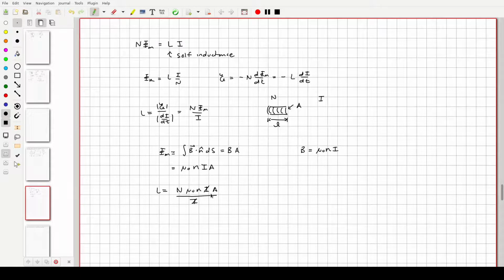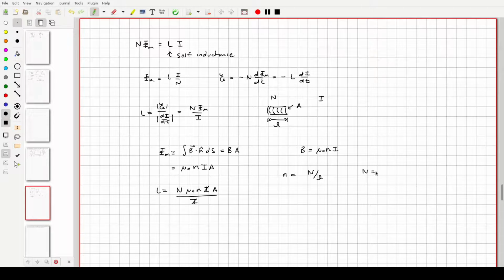Okay. Now let's not forget what n is. Lowercase n is the number of turns per length of my coil. So I can plug in for big N. Because when you go to the store and buy a solenoid or an inductor, it is bought based off of little n, and not off of big N generally.